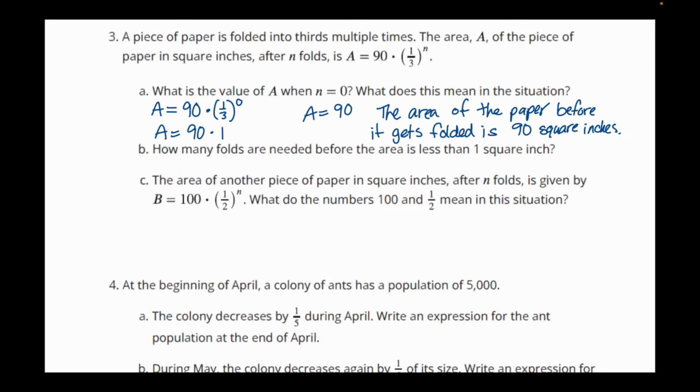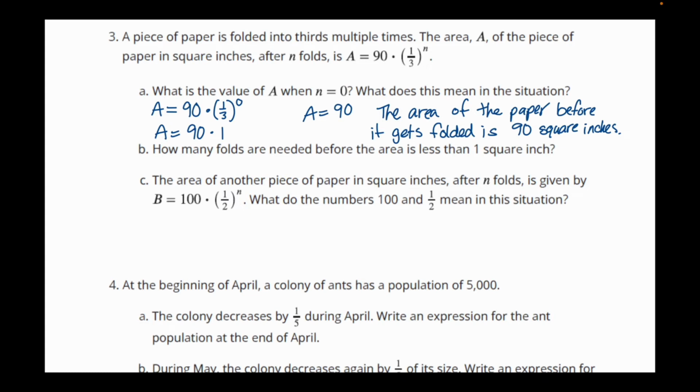Okay, so part B is asking us how many folds are needed before the area is less than 1 square inch. This is where a calculator is really, really handy. We're basically going to be taking 90 and dividing it by 3 over and over and over. It's the same thing as multiplying by 1/3 over and over and over.